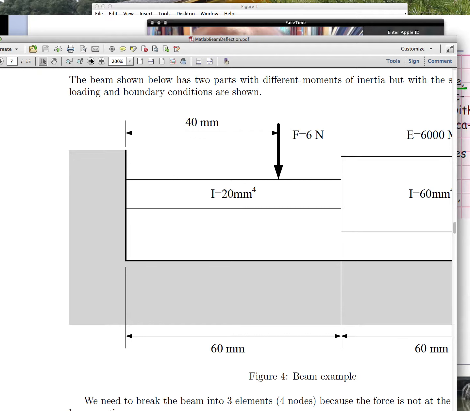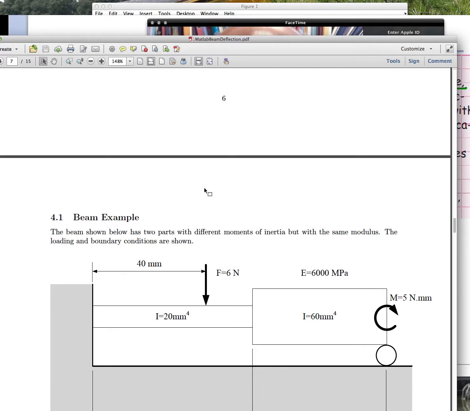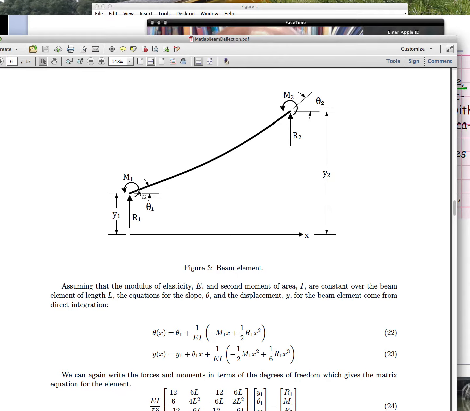And the idea here is given in a beam example. Before we go back there, just a quick review of the method. The method is that you take a beam element, like a general element, as you can see here, and it has a reaction R1 and a moment M1 on one point, one end at Y1, and the reaction R2 and a moment M2 at the second point Y2.